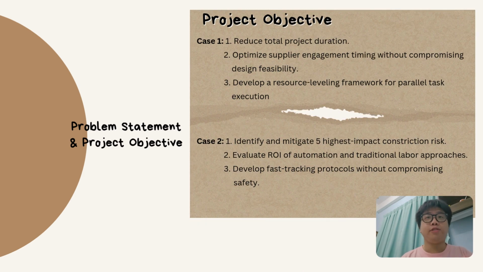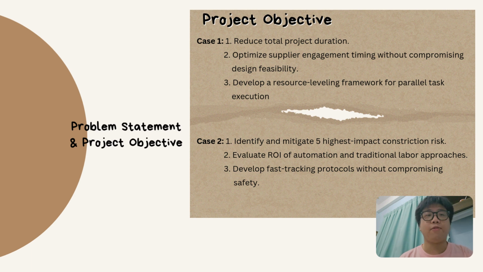Moreover, the project objective of the first case study is to reduce the total project duration. The second is to optimize supplier engagement time without compromising design feasibility, and the third is to develop a resource leveling framework for parallel task execution.